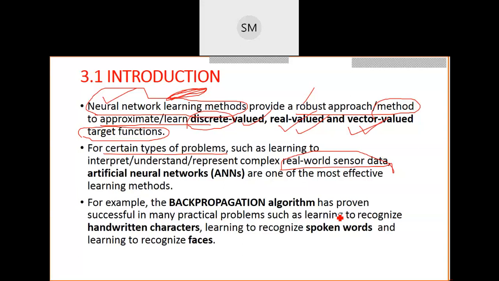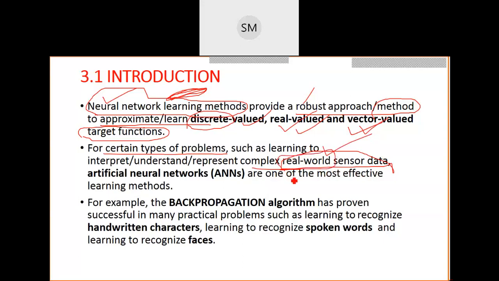But from now onwards you are going to study a couple of examples which are very realistic in our day-to-day life. Because of that, I told you this artificial neural network model itself is very interesting. We are going to solve some complex problems which have real world sensor data. Wherever in your project you are using sensors, and whatever data you get from that sensor, that is real world sensor data.